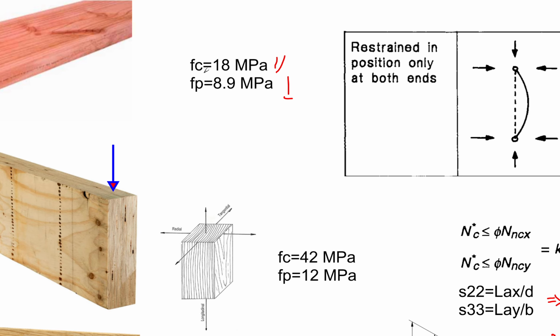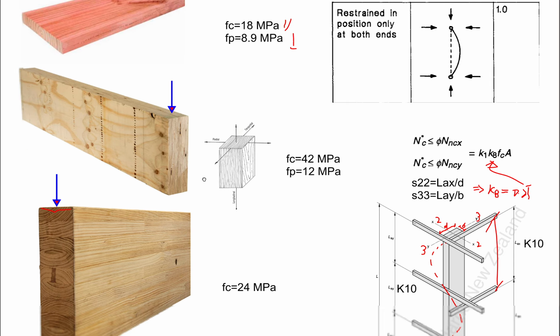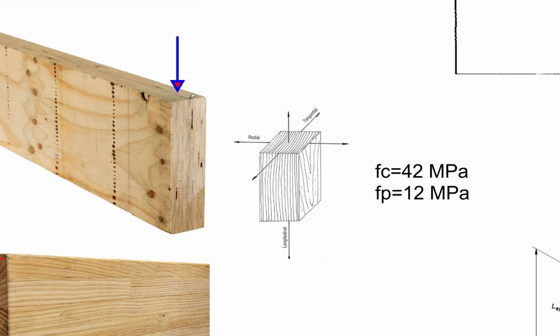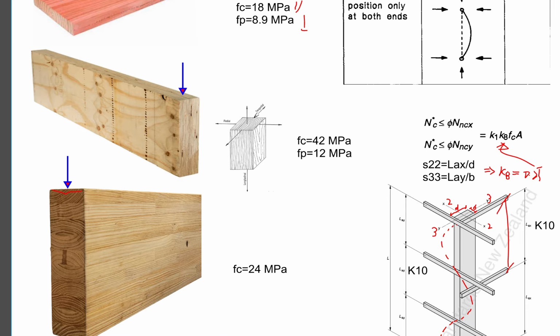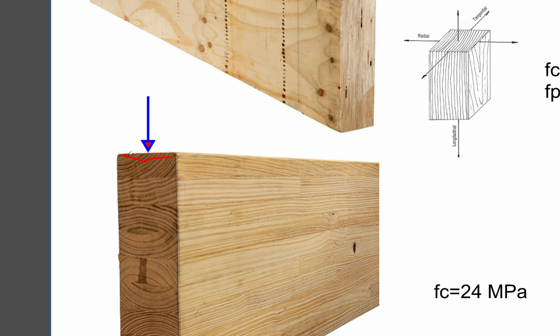Your column's compression capacity parallel to grain is higher than perpendicular, because if you have compression perpendicular to grain, it's much easier to compress these layers of fibers, isn't it?